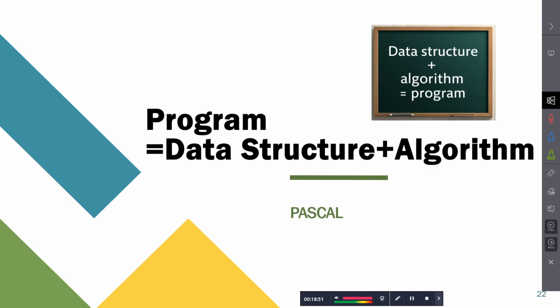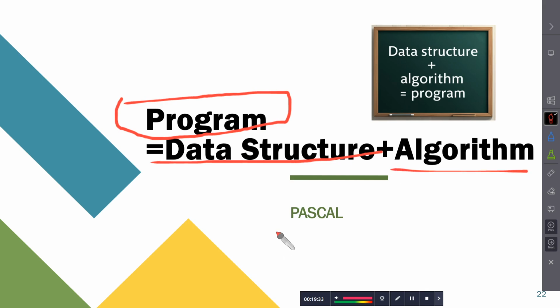The famous computer scientist Niklaus Wirth, known for developing the Pascal programming language, proposed a simple but powerful equation in his book: a program equals data structure plus algorithm.